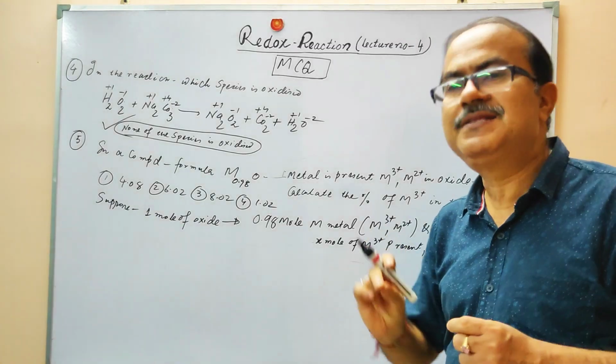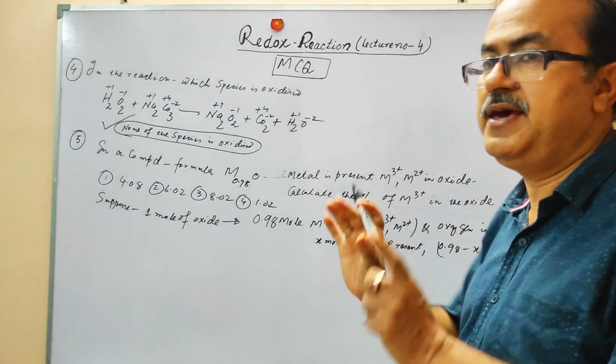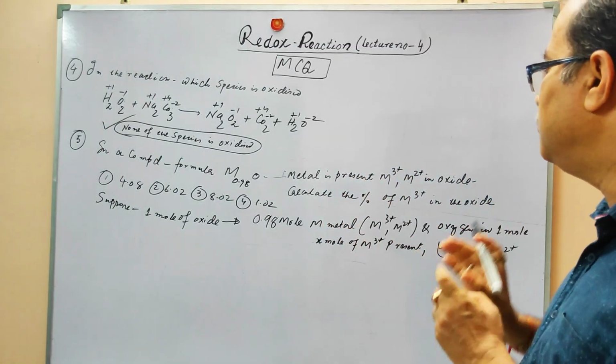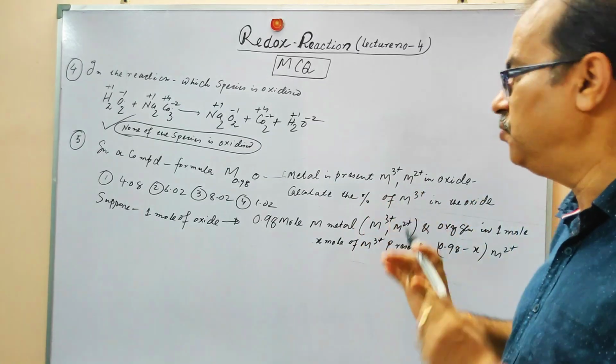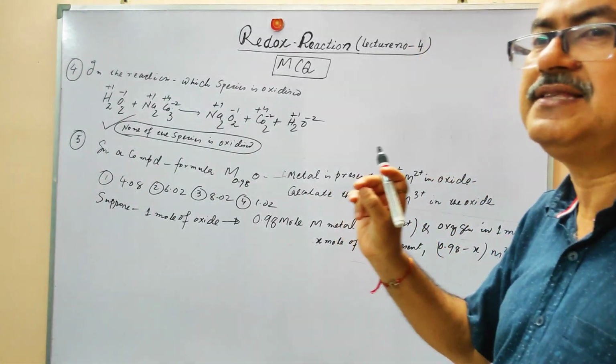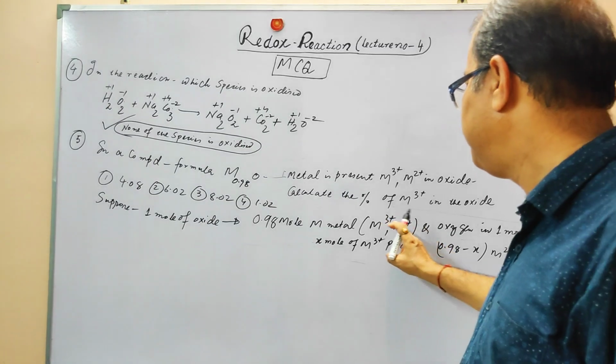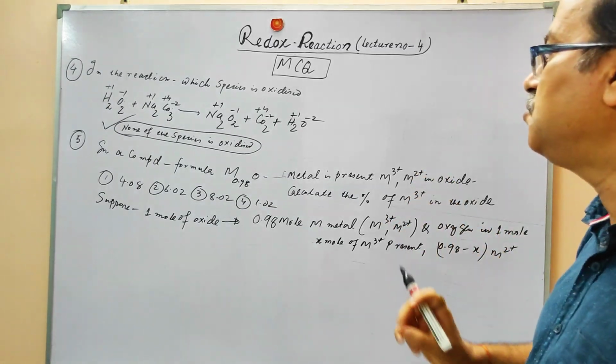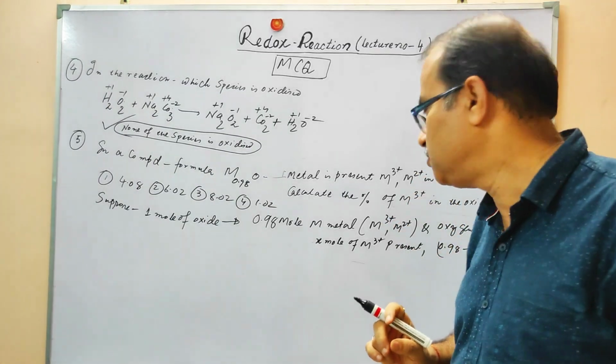Here we have to balance the charge. We know this is a neutral compound, and a neutral compound has 0 charge. But here the metal exists with charge, M3+ and M2+, and oxygen has charge of minus 2.